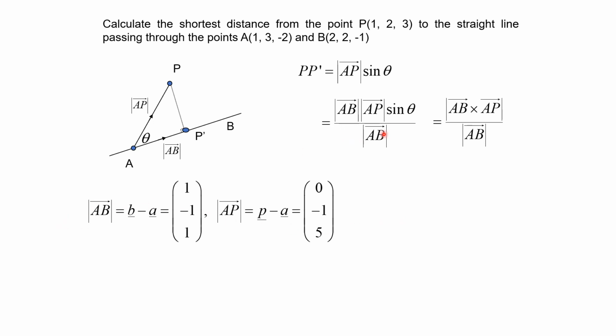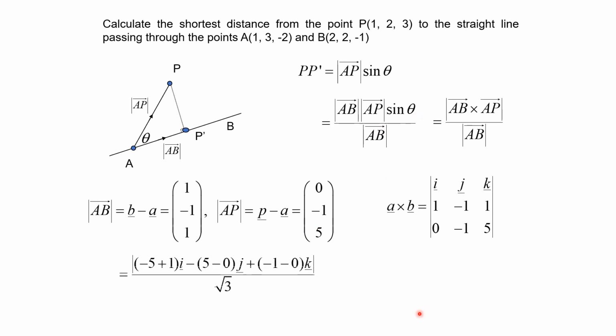So in this case, we need to identify vector AB and vector AP. Vector AB is simply B minus A, and vector AP is simply P minus A. So you have the respective AB and point P. And then you determine the cross product, which will represent AB cross product AP, using the IJK and the shortcut method just now. You will arrive at IJK being in this form.